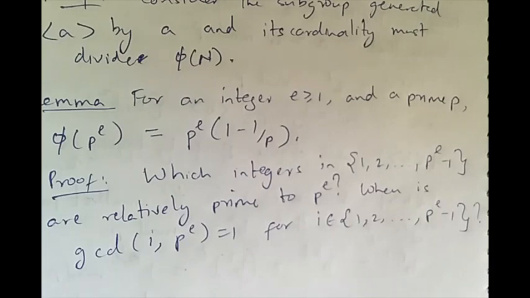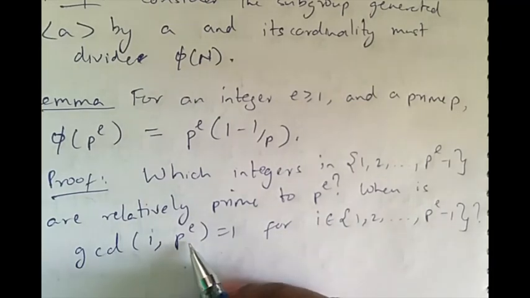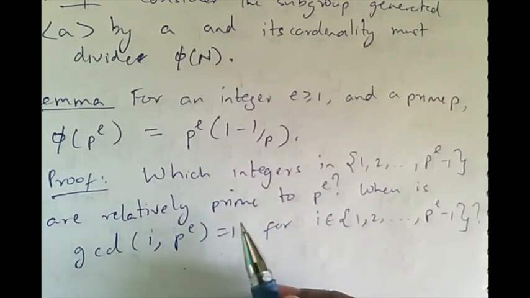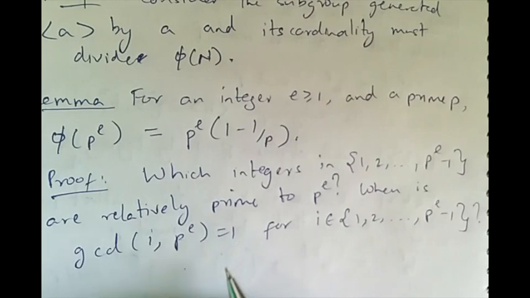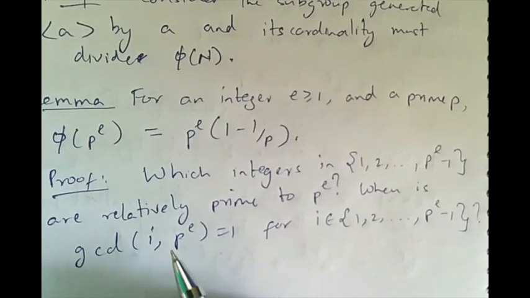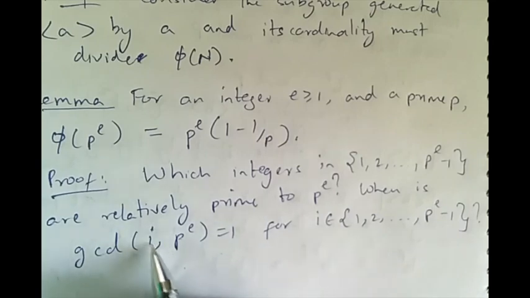So since we have a prime power here, any common divisor of i and p to the e will have to be a prime power. So the GCD of i and p to the e is either 1 or some prime power.